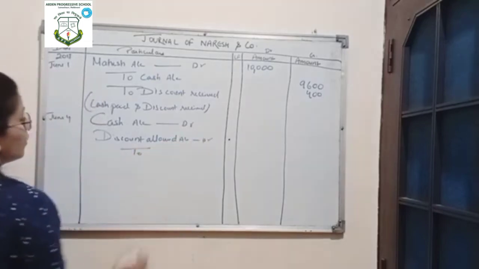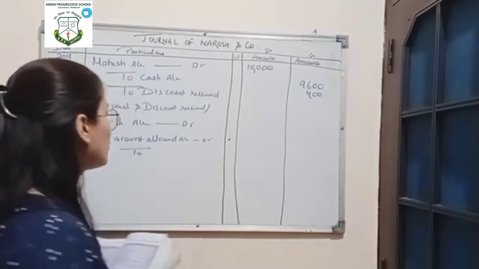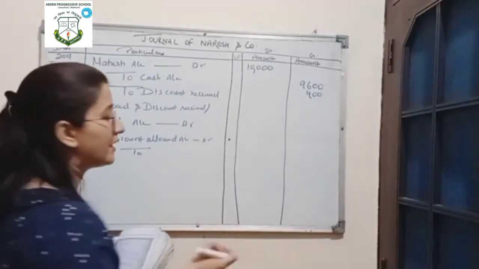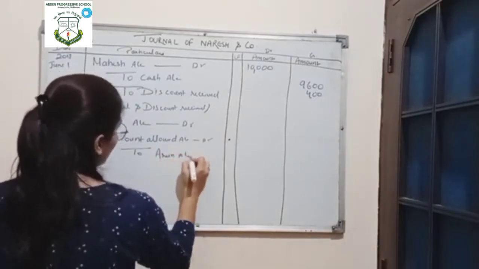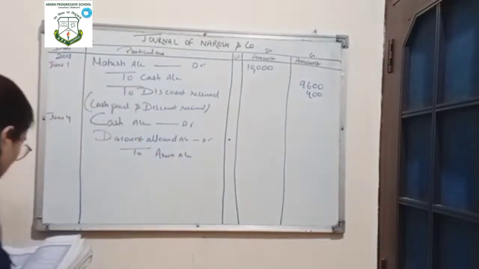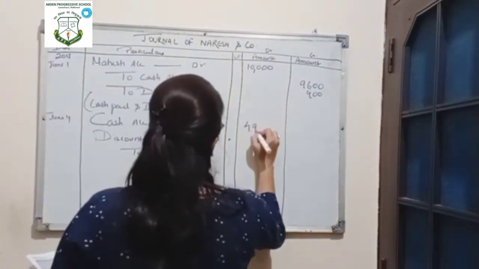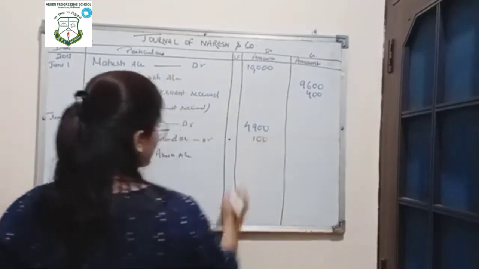And who is the giver of cash? Giver of cash is Arun. So according to the rule of personal account, we know debit the receiver, credit the giver. Giver is Arun. So Arun's account will be credited. Now cash received from Arun is 4,900 and discount allowed to him rupees 100.